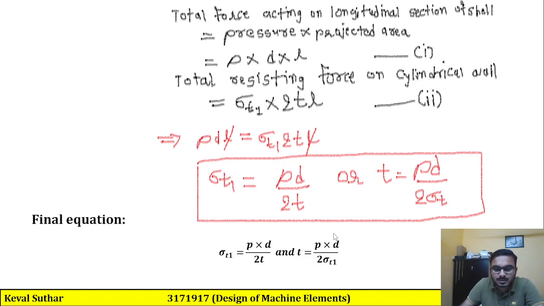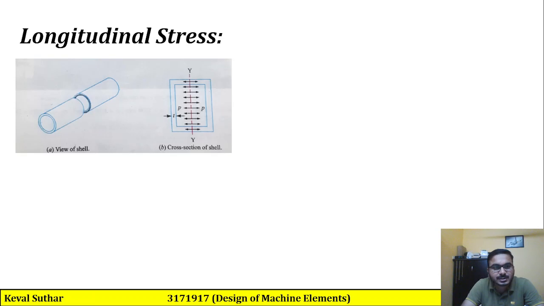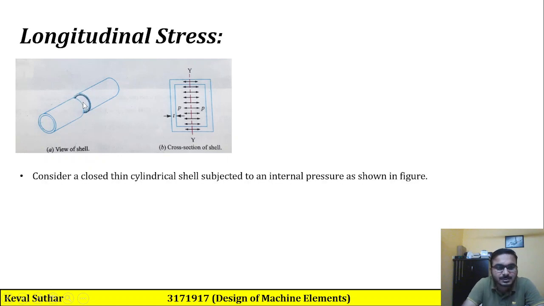As you can see, this is the final equation of circumferential or hoop stress and the thickness based on it, PD upon 2T and PD upon 2 sigma T. Now let's discuss the longitudinal stress. So in this case, this is the way it will break through the length.